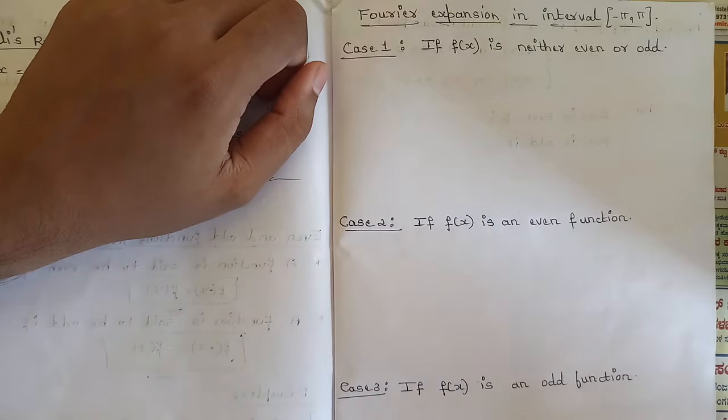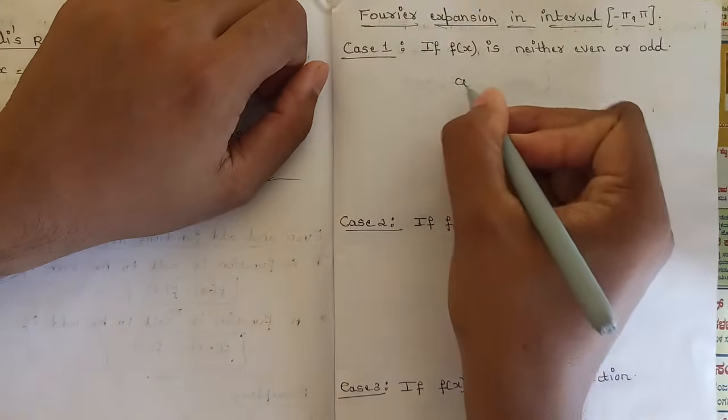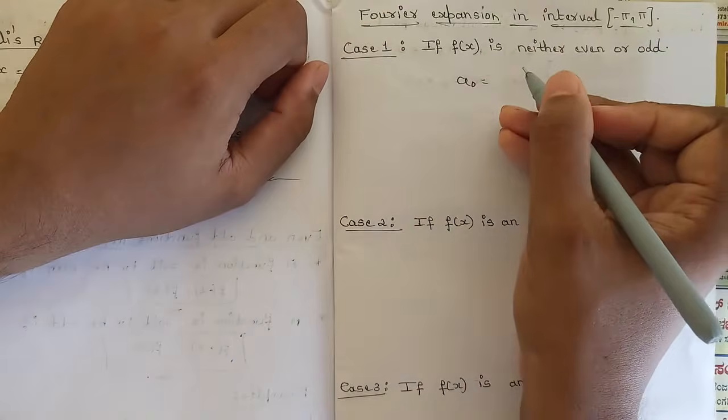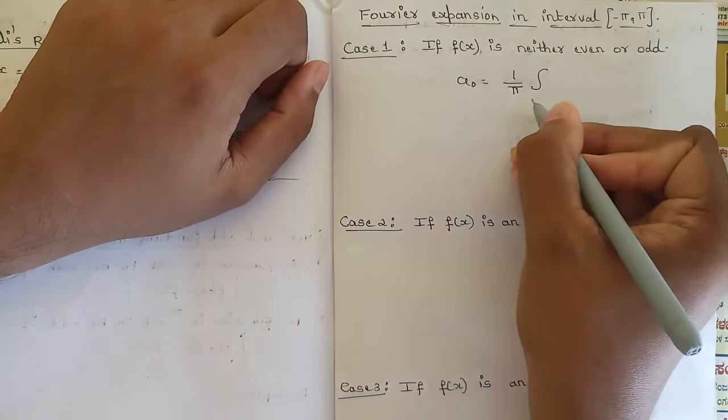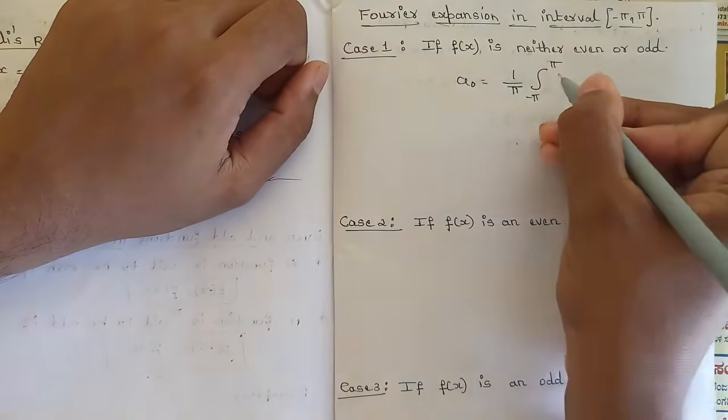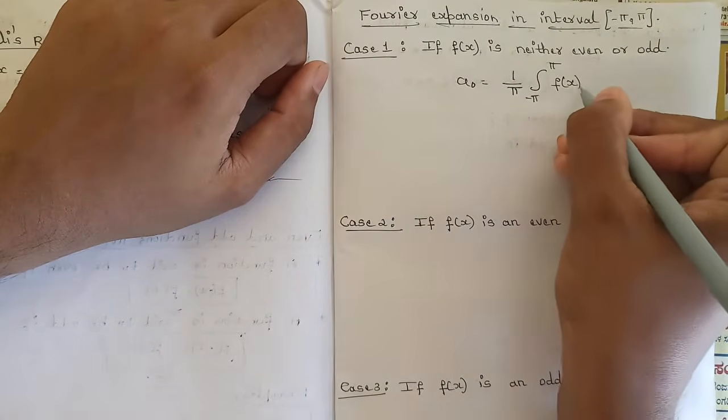There are three different sets of formulas. So now let's see that. First is for a0. The a0 formula is 1 by pi integration from minus pi to pi f of x dx.